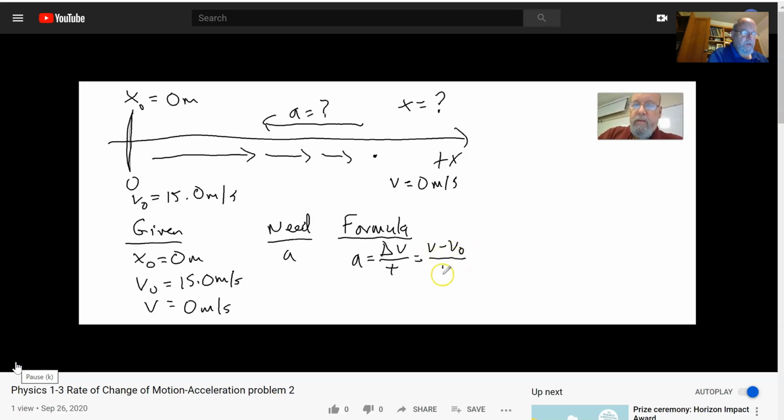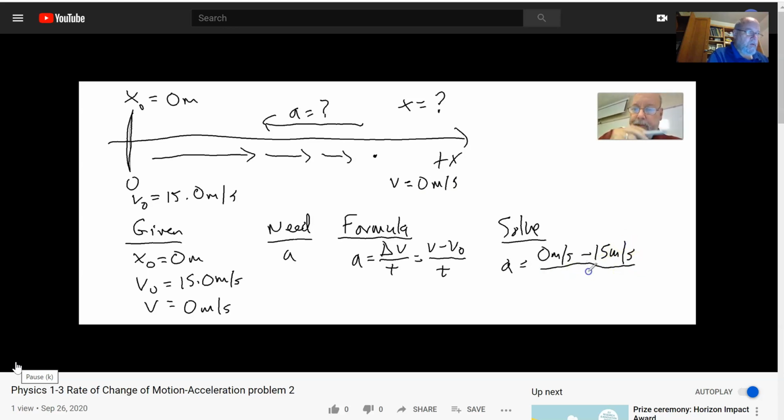Final velocity minus initial velocity over time. And then I'm going to solve, and I'm anxiously going to wait to see if I get a negative value. So A equals, my final velocity is 0 meters per second. We're looking good here. Minus 15 meters per second, which was my initial velocity.